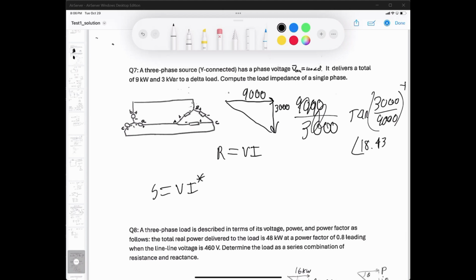Let's do a single phase. We'll do 3,000 squared plus 1,000 squared, square rooted. So we get S is equal to 3,162. And if we directly look at magnitudes, we divide by 120.